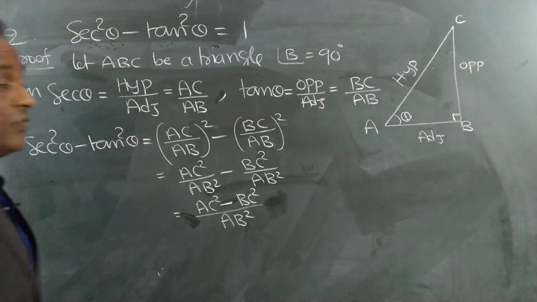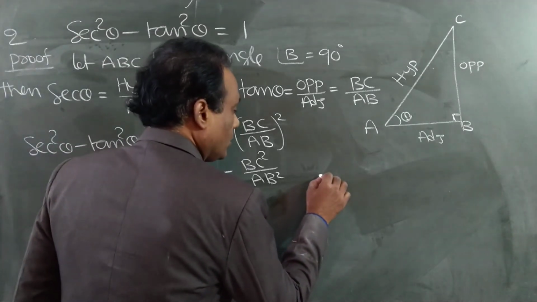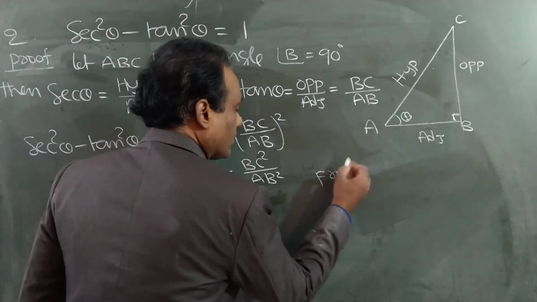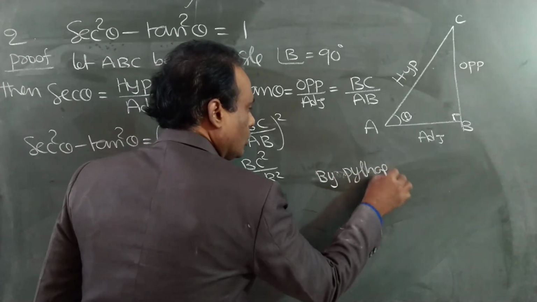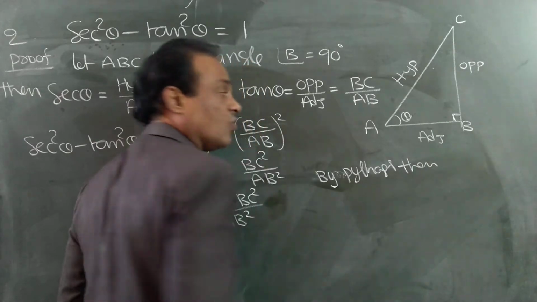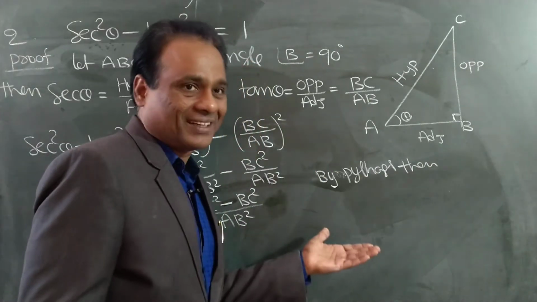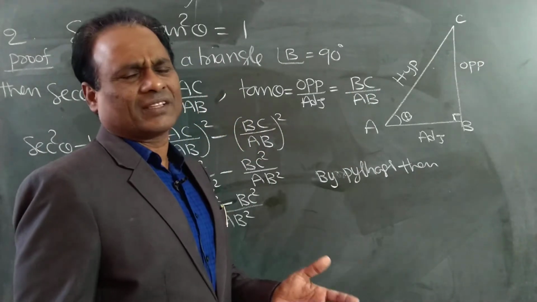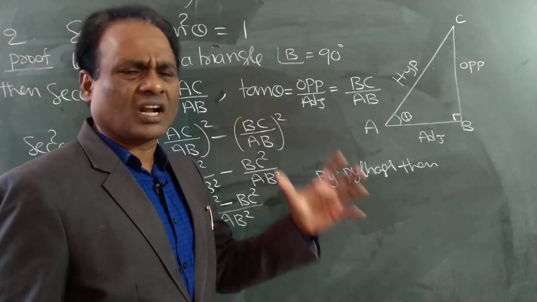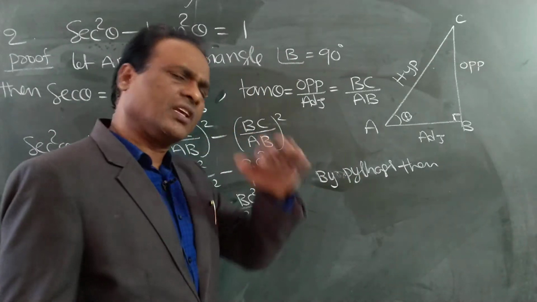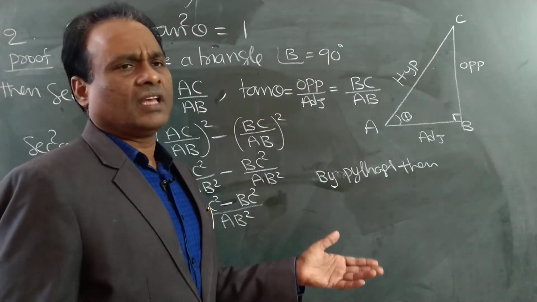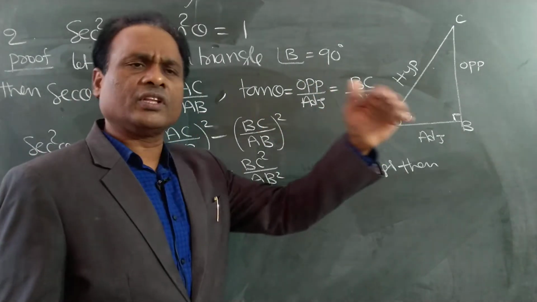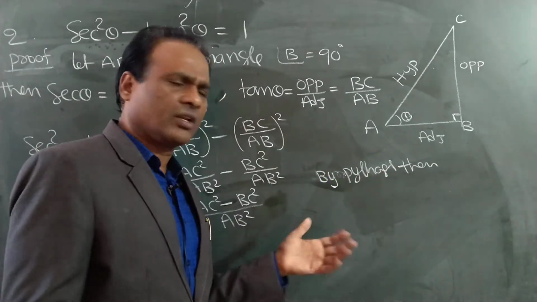How to simplify further? By the Pythagoras theorem. Just now I applied it; many times we apply the Pythagoras theorem, so you should be perfect with that. It is not only in this chapter; you studied it in geometry in lower classes, and in 10th class also, and in trigonometry we use it many times.